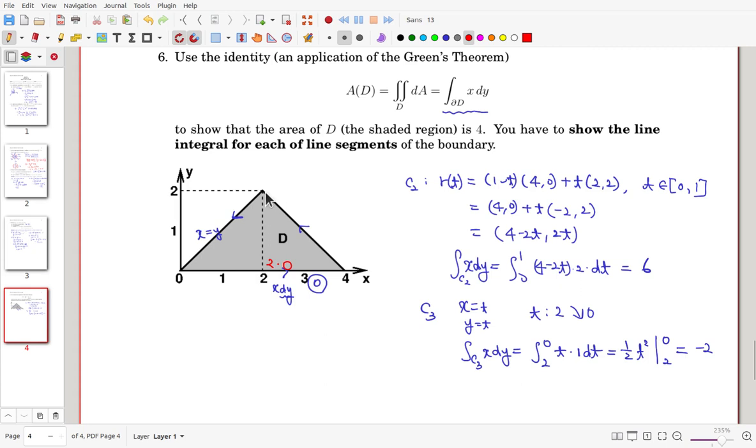For the second, mid value of x is 3, and y changes from 0 to 2, so the change is 2. For the third, mid value of x is 1, and the change in y is negative 2, from 2 to 0, so minus 2 is multiplied. So that is 0, 6, and minus 2. We have exactly the same result, and we can sum them to have 4.